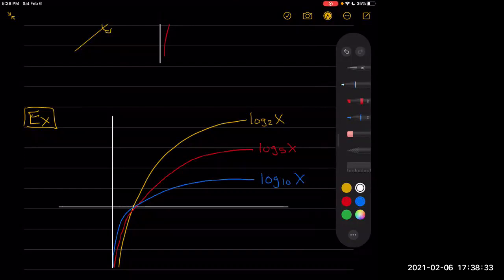And they're all supposed to be going through this point right here, which is 1. So log base 10 of x will grow slower than log base 2 of x. Okay. So now we're going to look at how to transform the graphs of log.